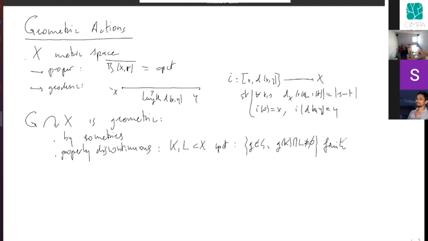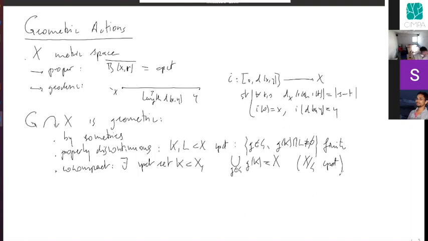The last property is to be cocompact. By this, I mean that you have a compact set K in X such that all the translates of K under my group G cover the whole space X. Or in other words, the quotient with the quotient topology is compact.